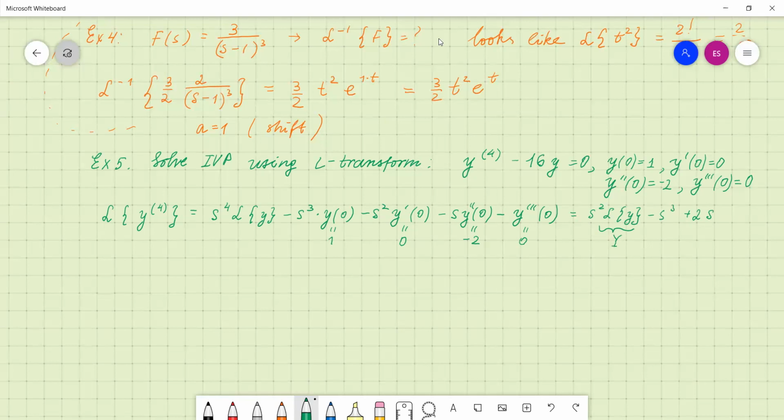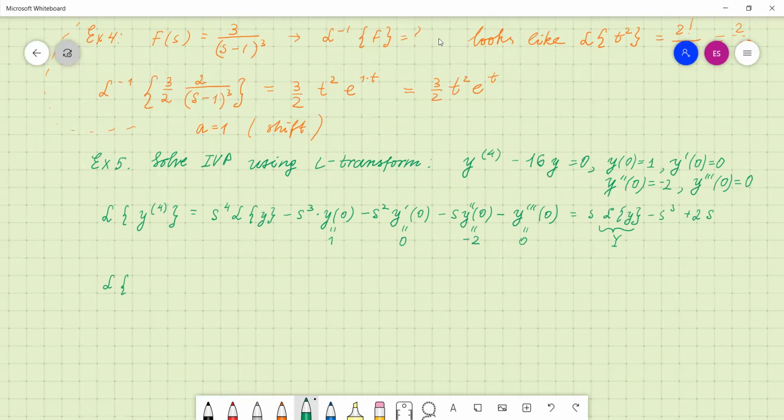Okay, now the Laplace transform of this term is going to be just -16 Laplace transform of y. So I'm going to plug in this fourth derivative and use the Laplace transform of this term to combine everything into one equation. So I have s to the power of 4 Laplace transform of y. Why did I write down s to the power of 2 here? There is no explanation actually.